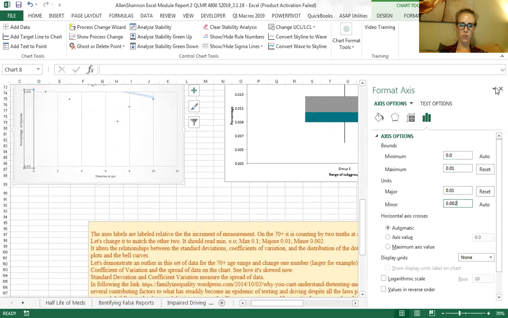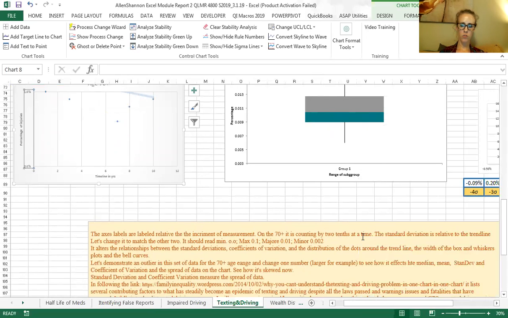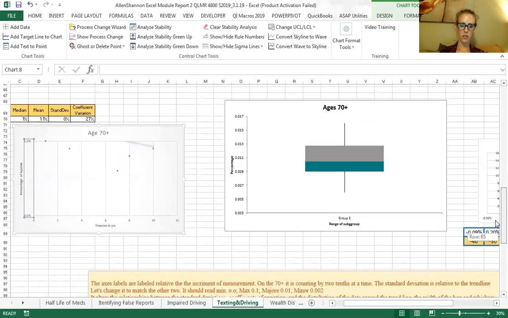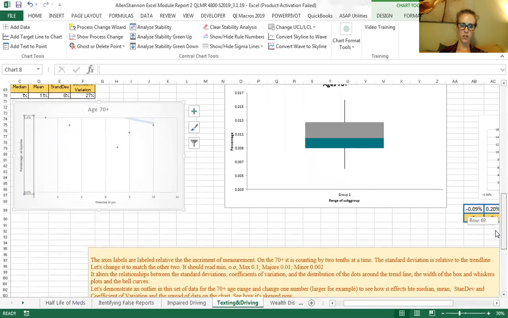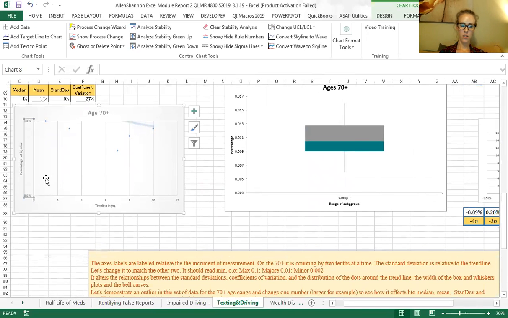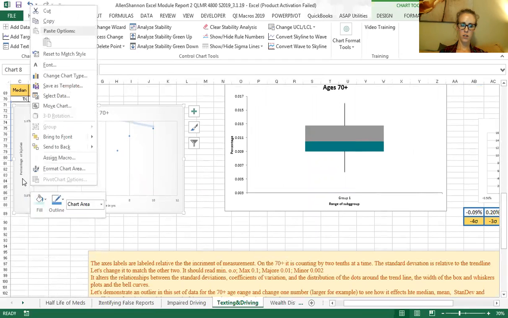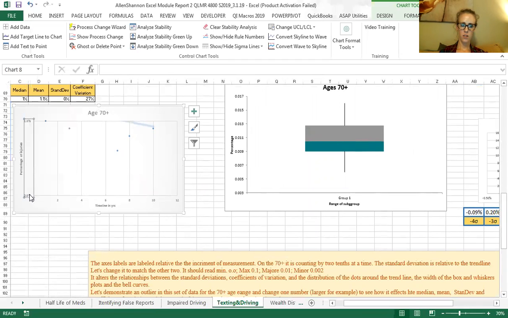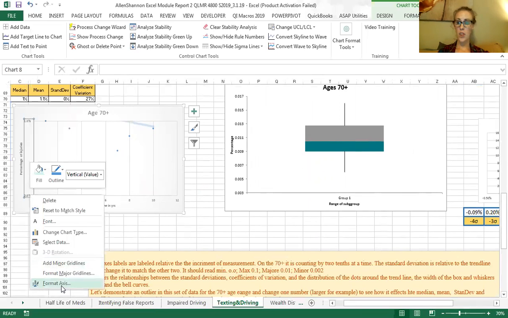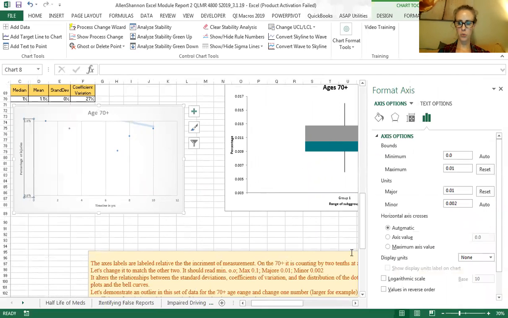Now, oh, look how that throws it off. See? This is how we know this particular part of the axis is important. I can reset it and put it back right. Ooh, pretty. There it is.